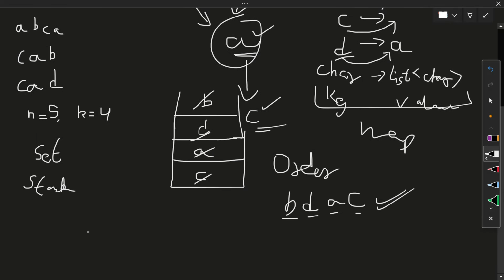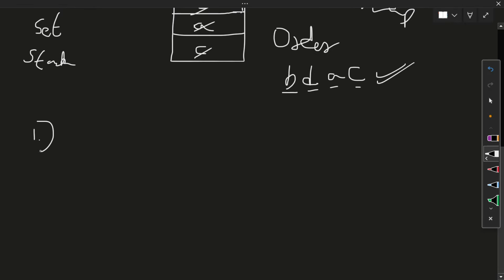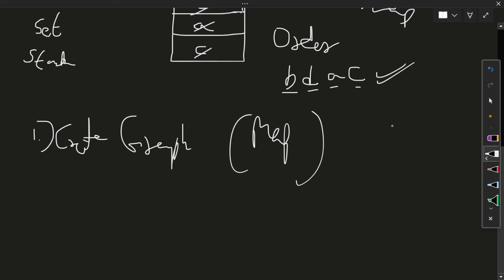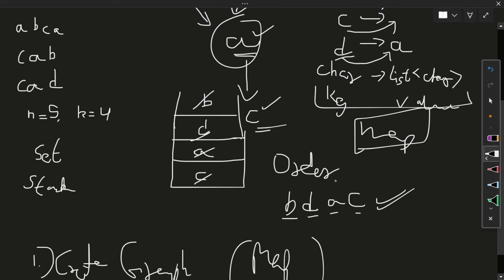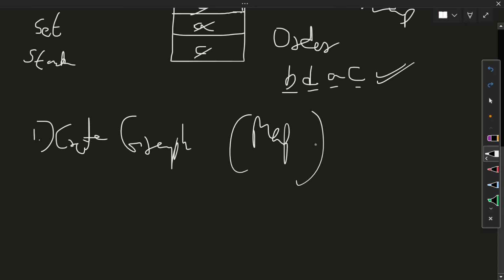First, what do we have to do? Step one is to create a graph. In this case, the graph is a map. So first we have to create a map. Before this, we first have to add all characters.